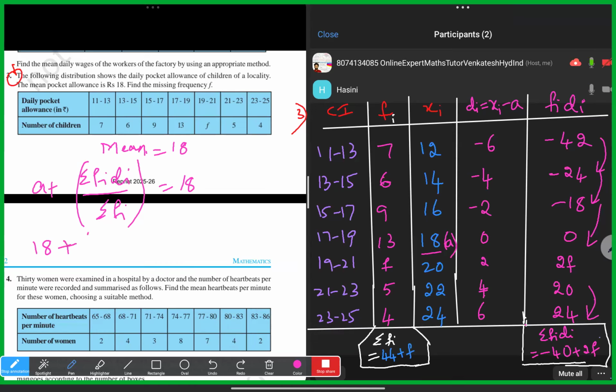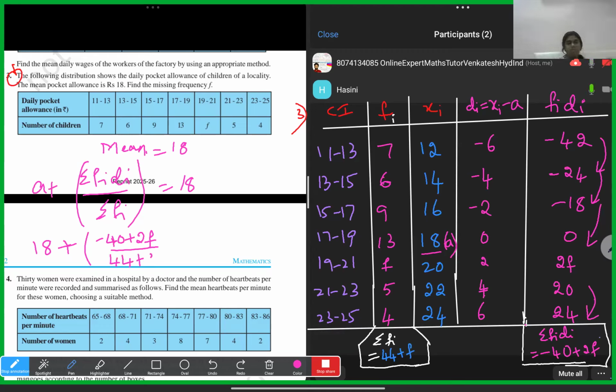How much is sigma fi di, Hasni? Minus 40 plus 2f. Sigma fi is 44 plus f. 44 plus f. Yes, Hasni.